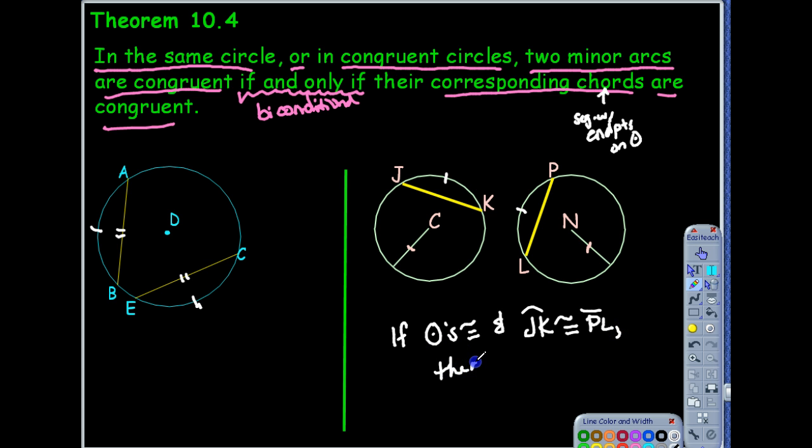Put an arc. Oh, yeah. Thanks. Then segment JK is going to be congruent to segment PL. Right. And vice versa. Kind of flip-flop. So that's really true, if and only if. Yeah, I don't even need an if and then. I'll just say if and only if.